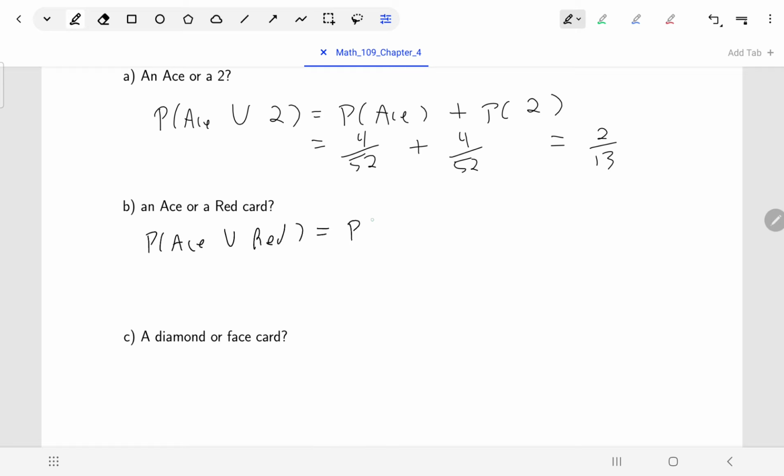So I need to use inclusion-exclusion with the first version, where there's subtraction. I'll need to find the probability of an ace plus the probability of selecting a red card, and then minus the probability of selecting the overlap, the probability of selecting a card that is red and an ace.